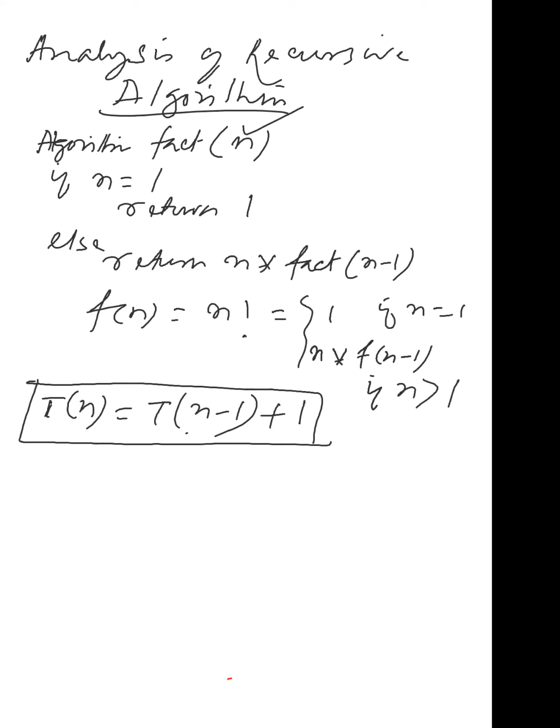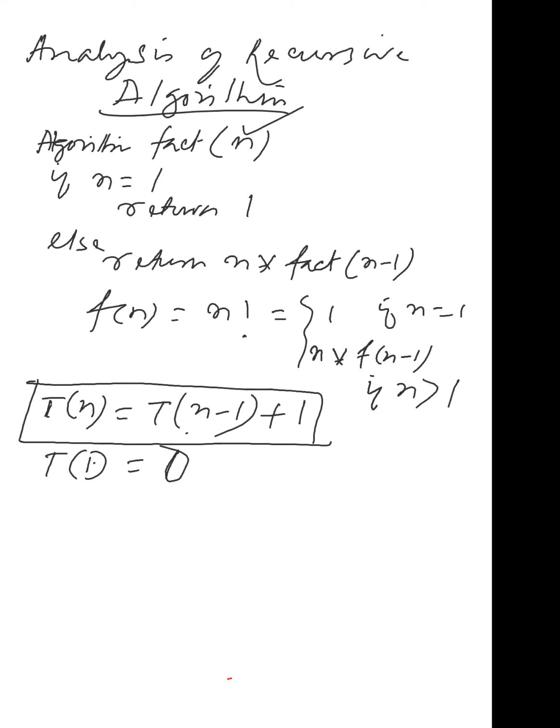So this is the recursive step, and the base step is what? The basic step is T(1) equal to 1, because when n is equal to 1, T(n) is equal to 1. Or if there is no multiplication here, then sometimes, because when n is equal to 1 multiplication doesn't take place, we can simply put T(1) equal to 0. So if there is no multiplication, T(1) is equal to 0.